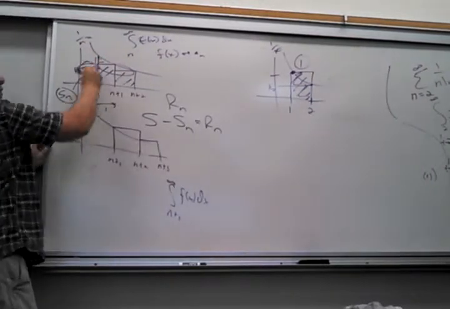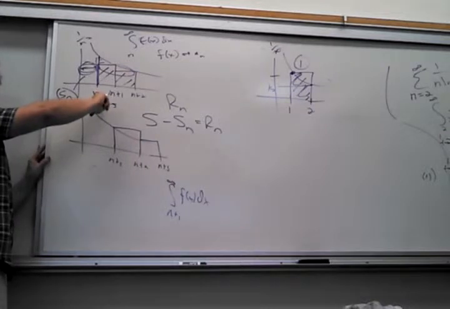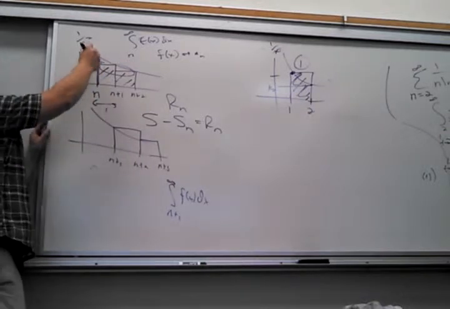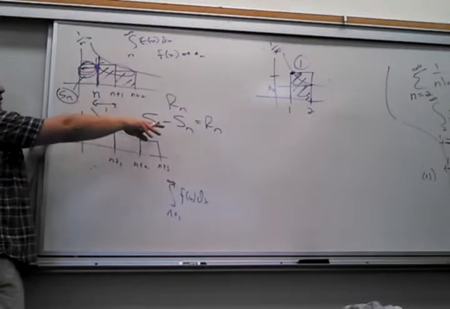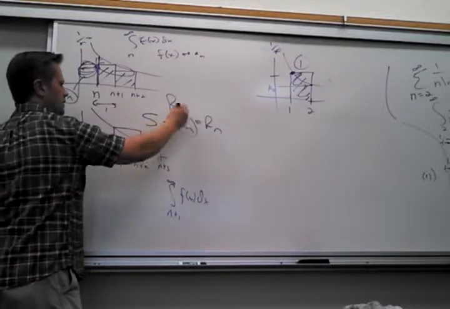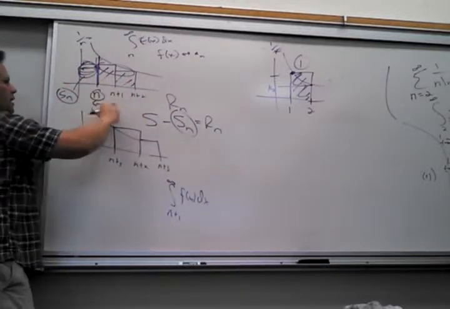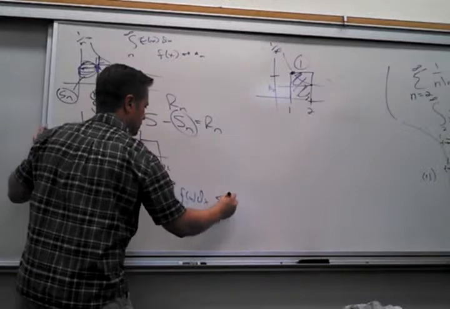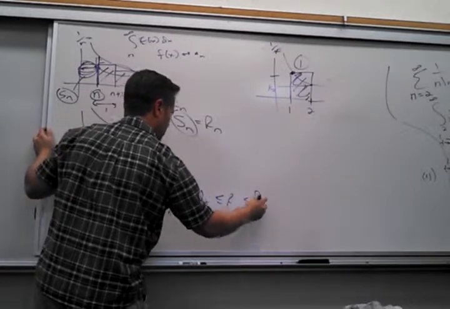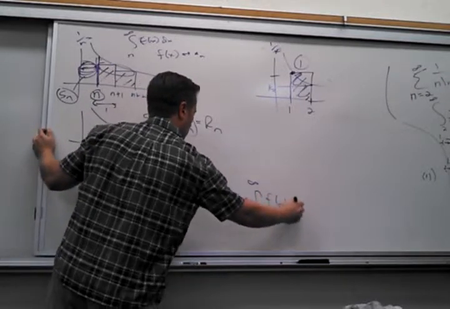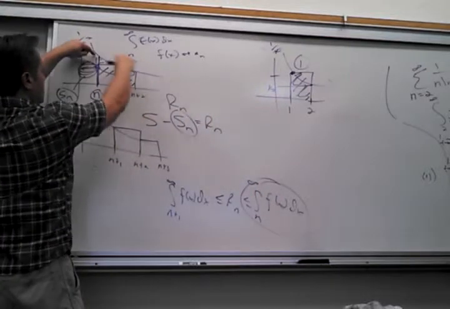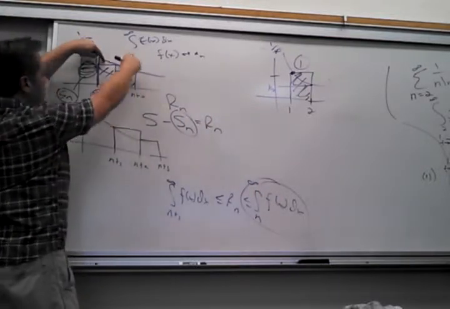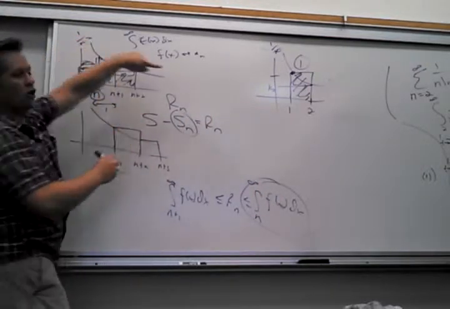So if I use this little piece to estimate the sum to get Sn, then from n up, the integral of this function is bigger than the area of the leftover boxes.